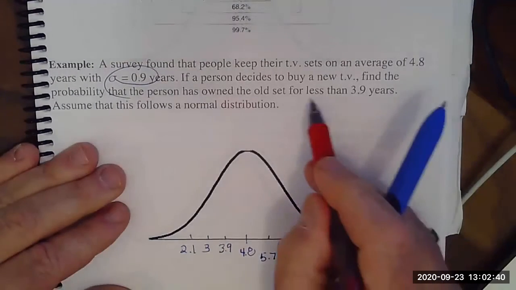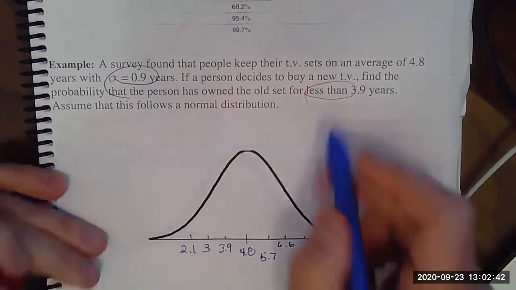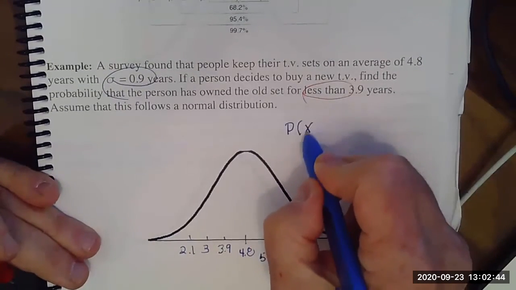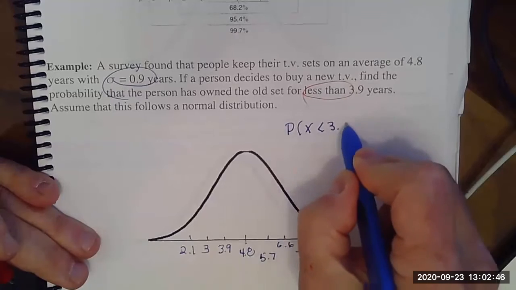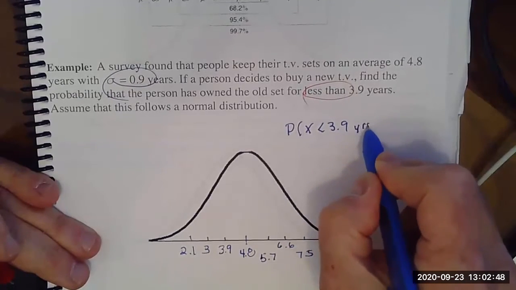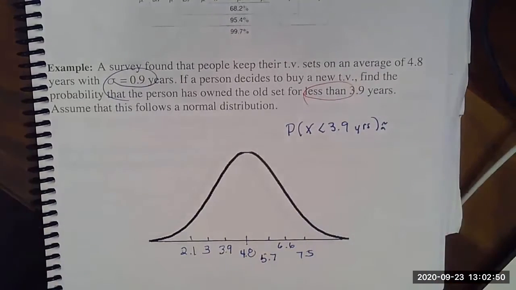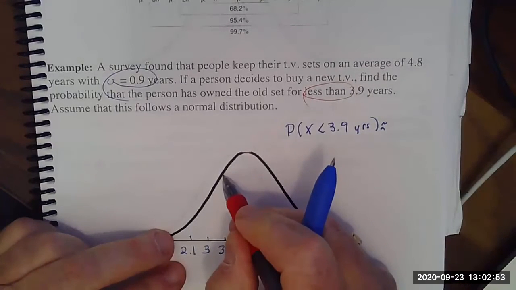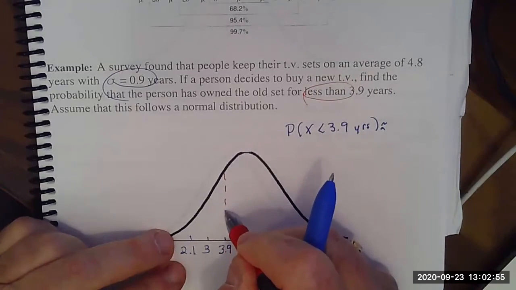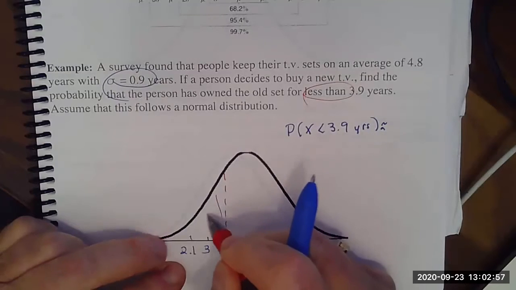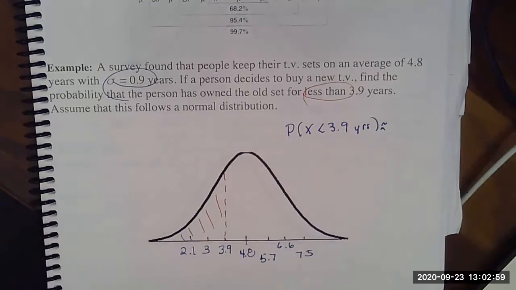Okay, less than 3.9. Oh, okay, so you go P(X less than 3.9 years). So let's see. Well, that's less than 50%.